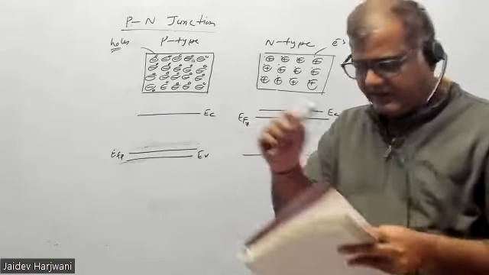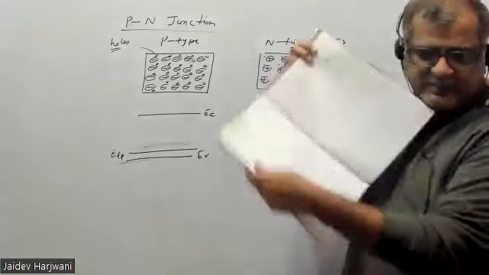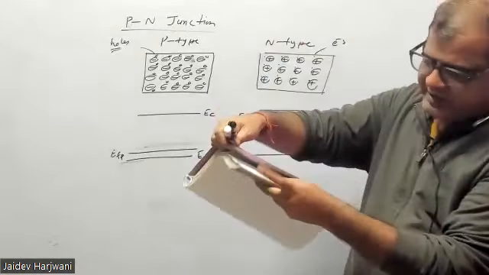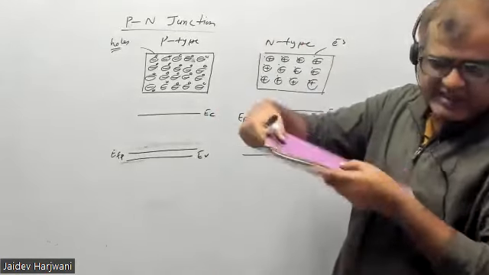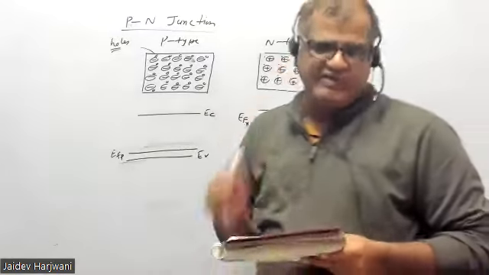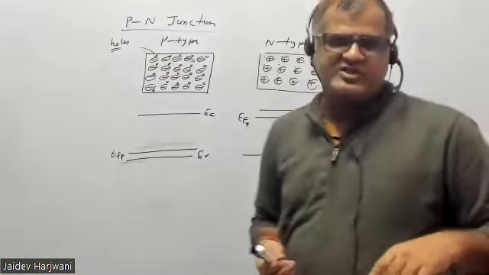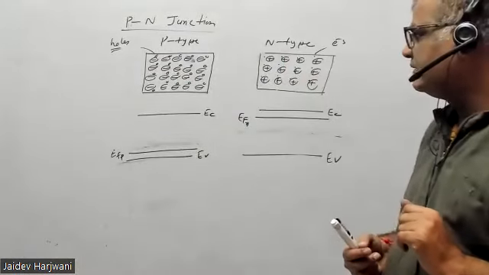In between these two materials there is a junction, where they are joined together. There is some part which will behave differently compared to the right and left sections. That part is called a junction.